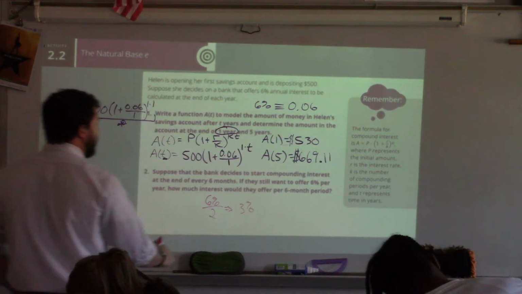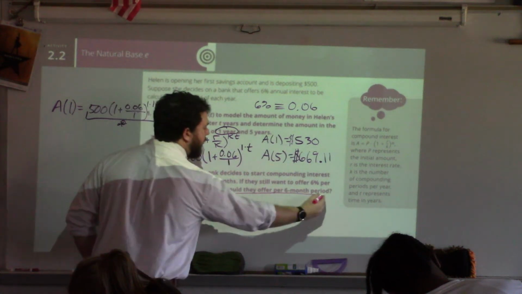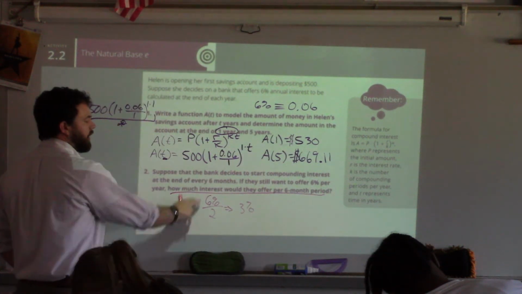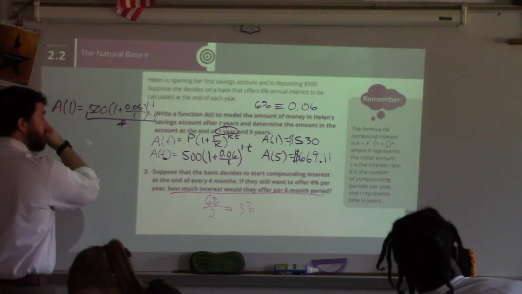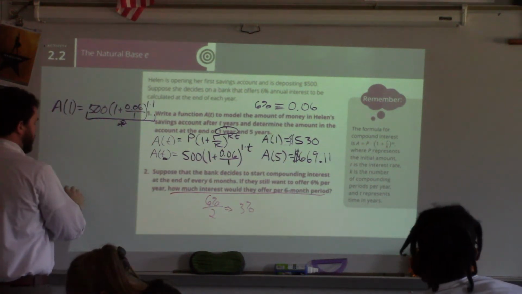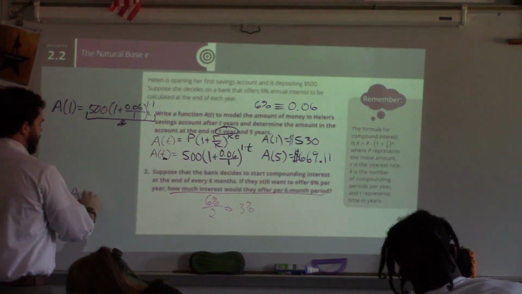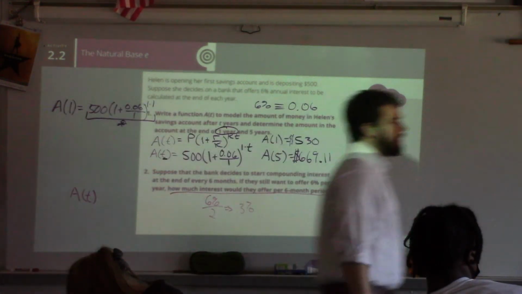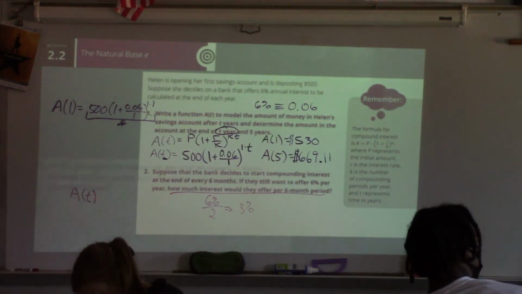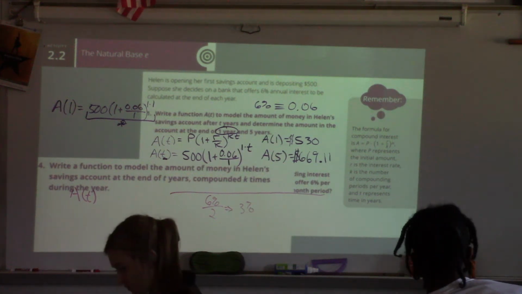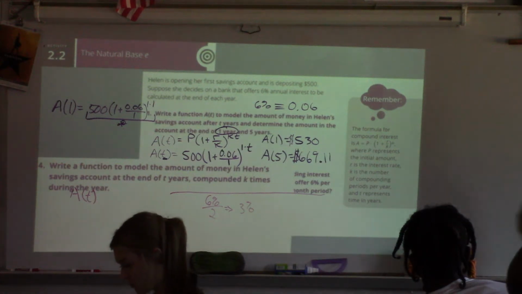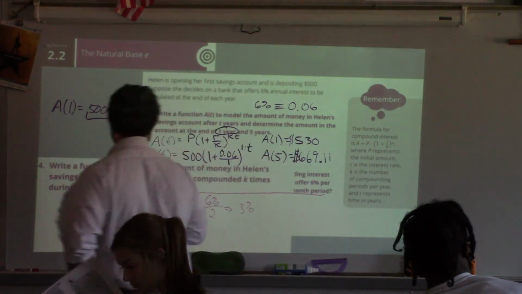Well, so notice they're only asking how much interest would they offer, right? So 6% per year split in half would be 3%. Like if we were to use this formula, and that's a really good point, actually I think that's what the next question is all about. Write a function to model the amount of money in Helen's savings account at the end of t years, compounded k times during the year.